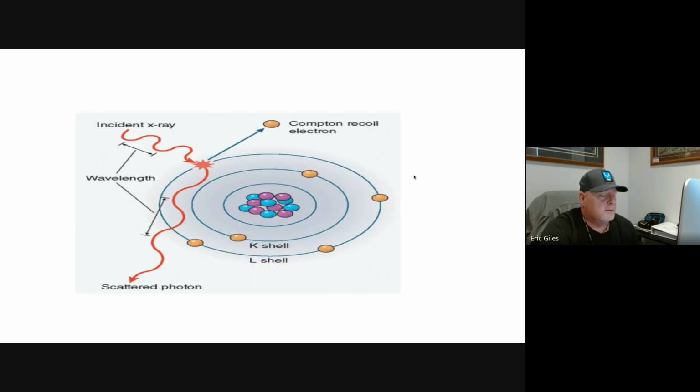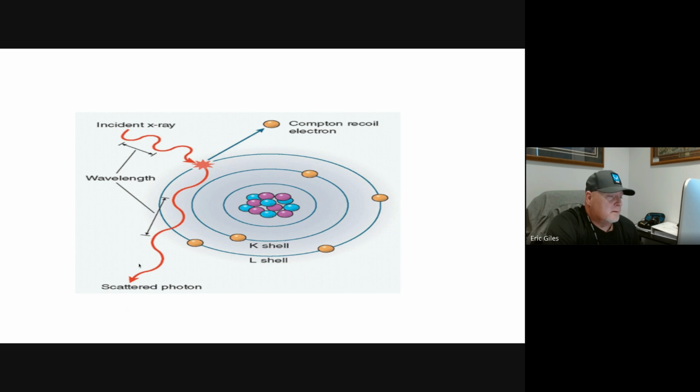We also talked about the Compton scatter effect. Here our incident photon comes in and hits the atom again, but it hits the outer shell electron. An electron is released that can be on our image, and this is called the Compton electron, but it also releases a scatter photon.